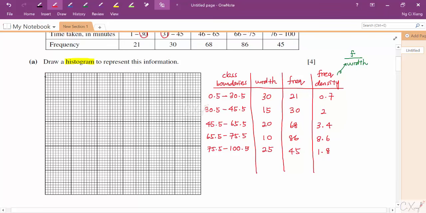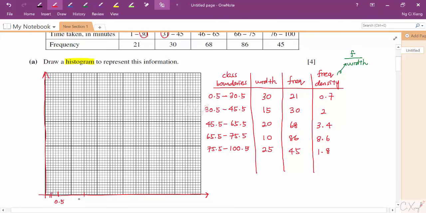For me, I will start from 0.5, where it will look something like this. This is my y-axis, and I will have an x-axis here. I will start this point as 0.5, so I make a slash here.